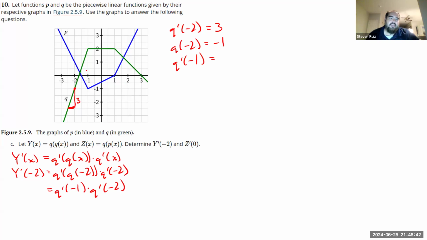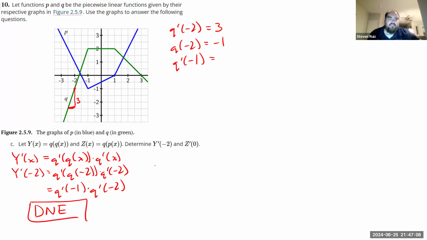And I think we're stuck because we said q is not differentiable at -1. There are many derivatives I had to consider to find y prime of -2, but if one of them fails to exist, then the overall derivative fails to exist. So y is not differentiable at x equals -2.